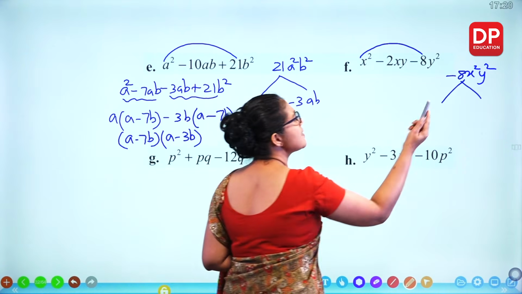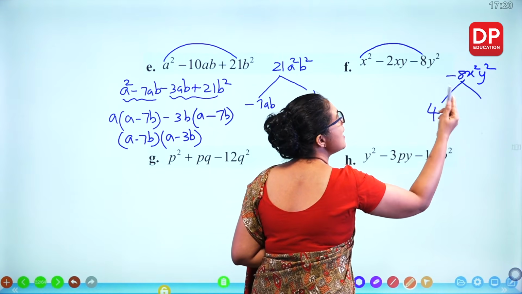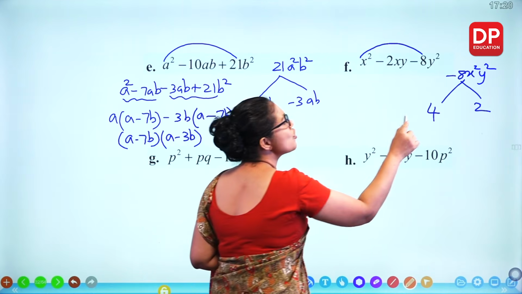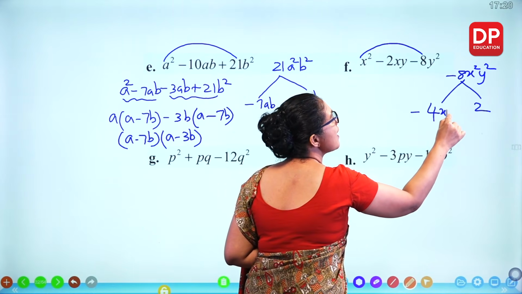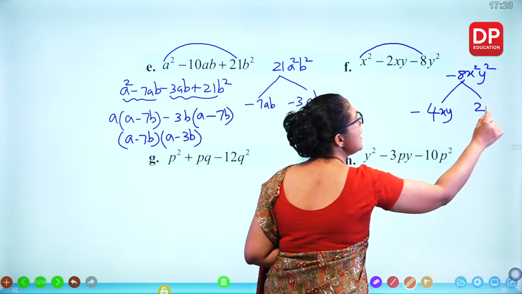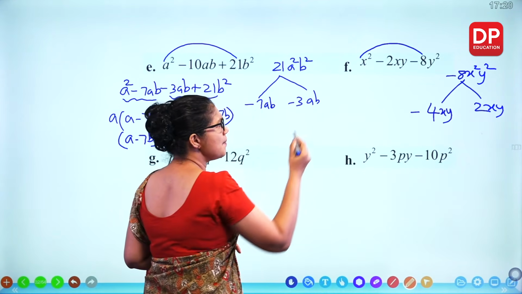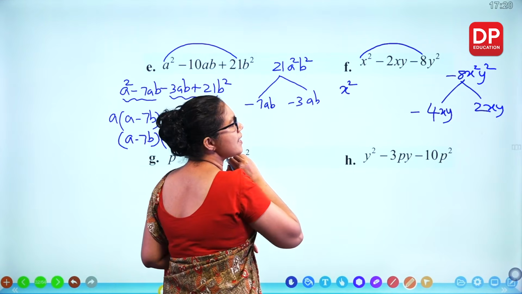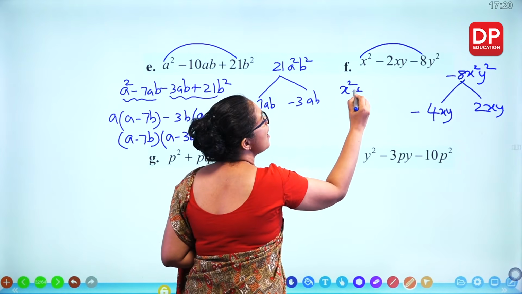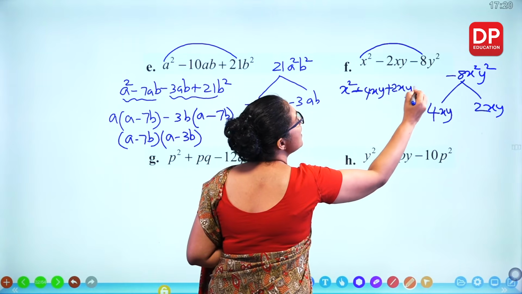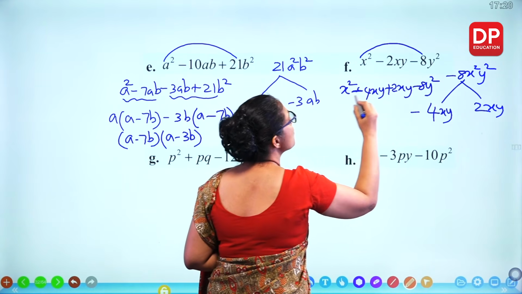So here we can say minus 8 as 4 and 2, but the larger number should be negative. So I can write minus 4xy and plus 2xy. So we'll split the middle term. I can write x squared minus 4xy plus 2xy and minus 8y squared.